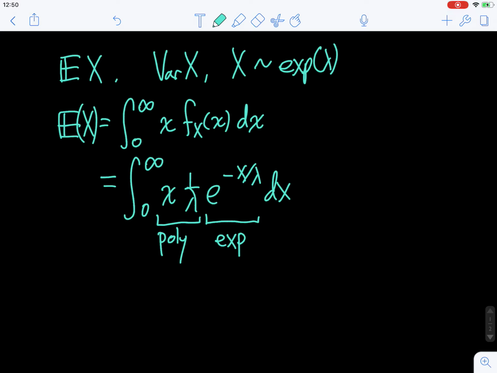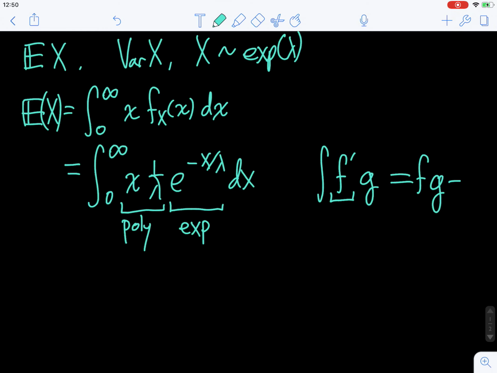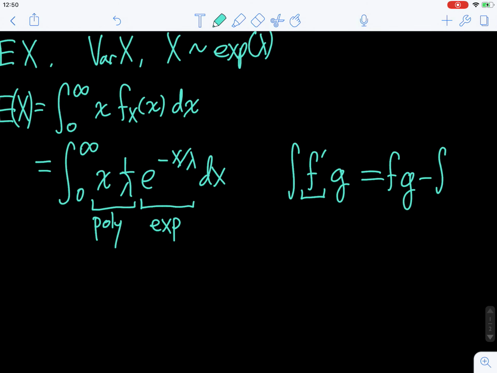And so remember that if we have two functions, one of them's easier to integrate, then we pretend like it was a derivative of another function, and integration by parts shows us that this is equal to the integral of that function f minus the integral of f g prime. So we derive g and we integrate f. So here g was not derived, but here g was derived.